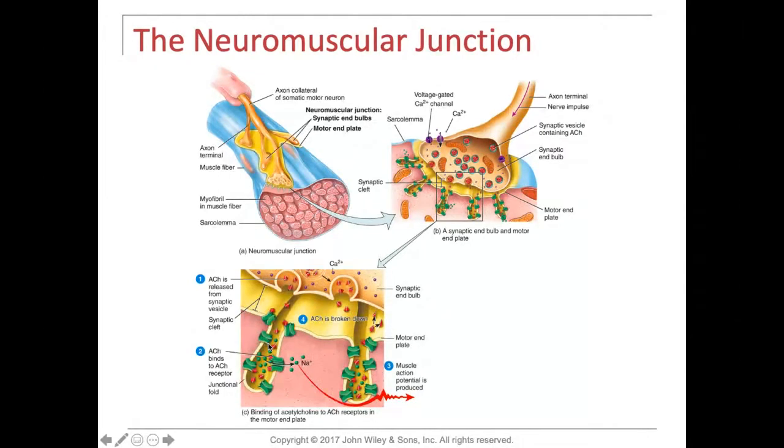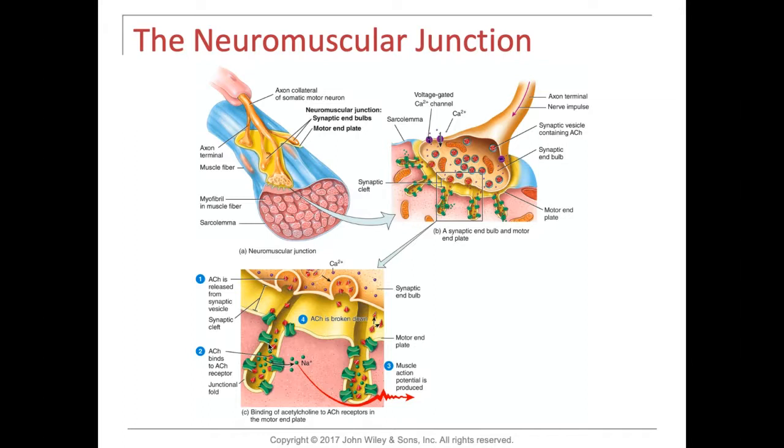These are sodium channels, and they're shut. They need something to say, open sesame. So acetylcholine is going to bind to this sodium channel, and when it does, it opens up. Without that, it stays closed.